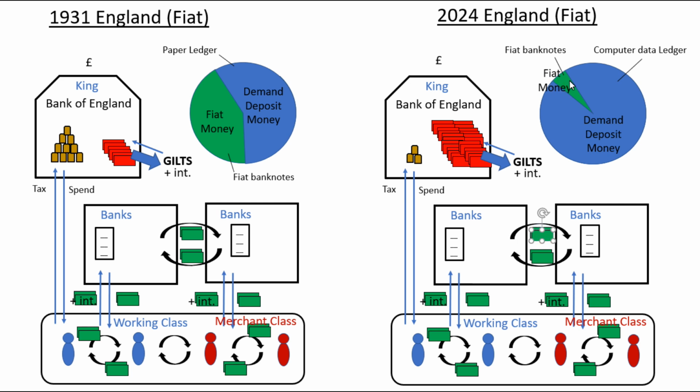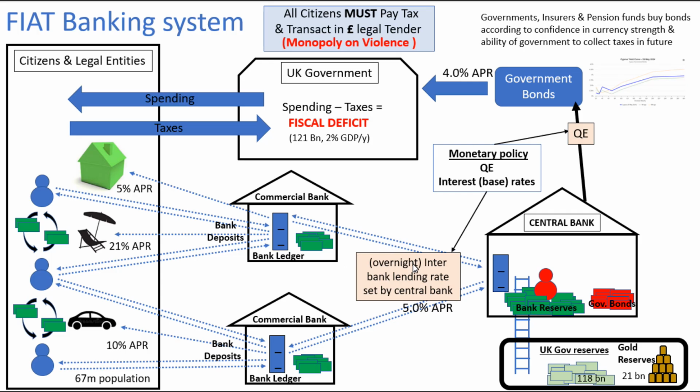You beep your phone, or you use your plastic credit card, or you use your chip and pin debit card to do transactions which are direct transactions using demand deposit money. We're not even using cash anymore. So that explains how we've got to the current fiat banking system.